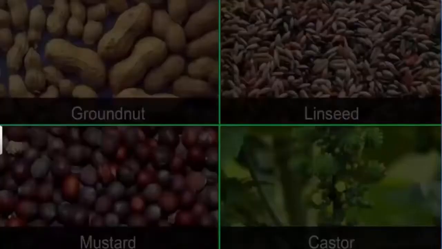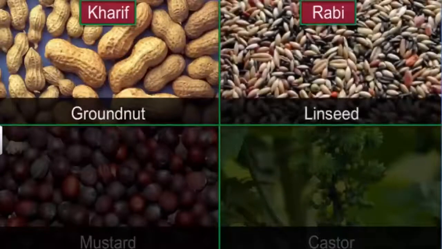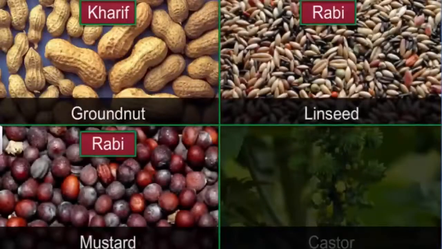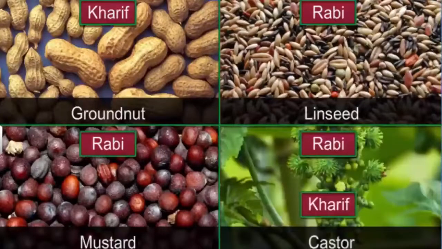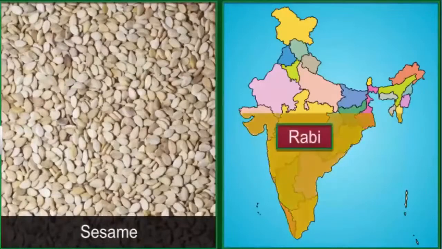Oil seeds are grown in both the Rabi and Kharif seasons. Groundnut is a Kharif crop, while linseed and mustard are Rabi crops. Castor seeds are grown in both the Rabi and Kharif seasons. Sesame is a Rabi crop in southern India and a Kharif crop in northern India.